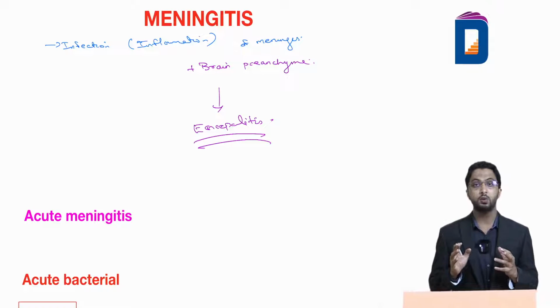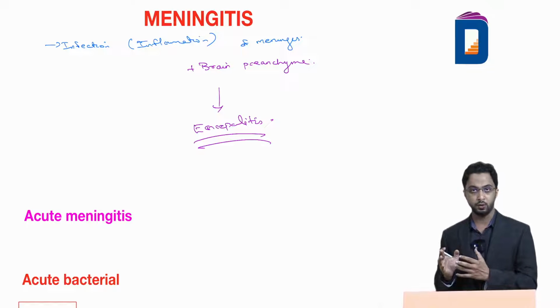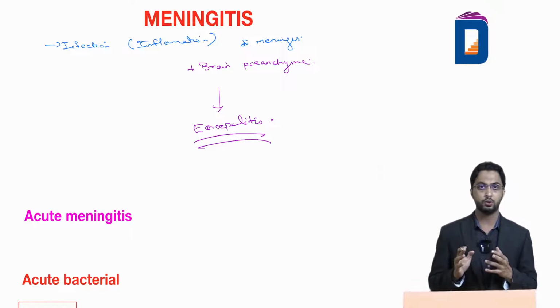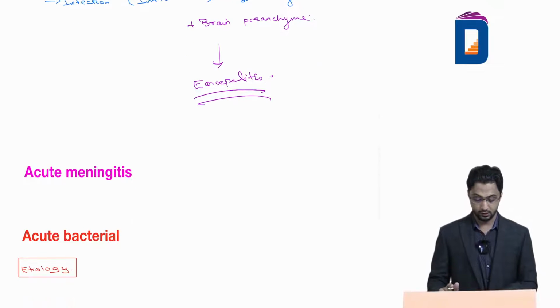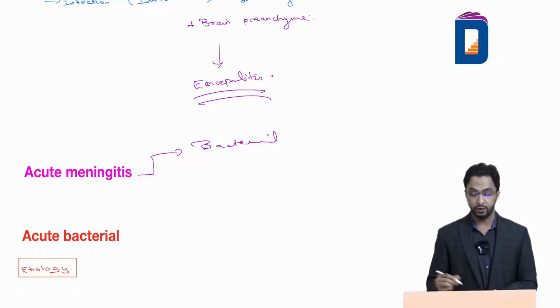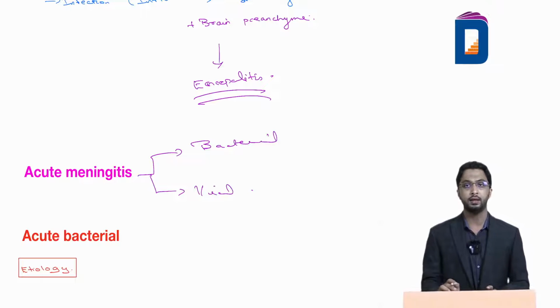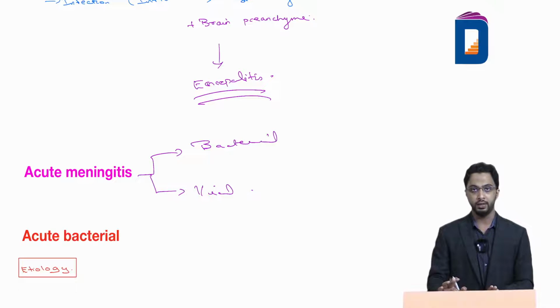So it's acute and subacute meningitis that we are going to concentrate on. Acute meningitis is classified into acute bacterial meningitis and acute viral meningitis.